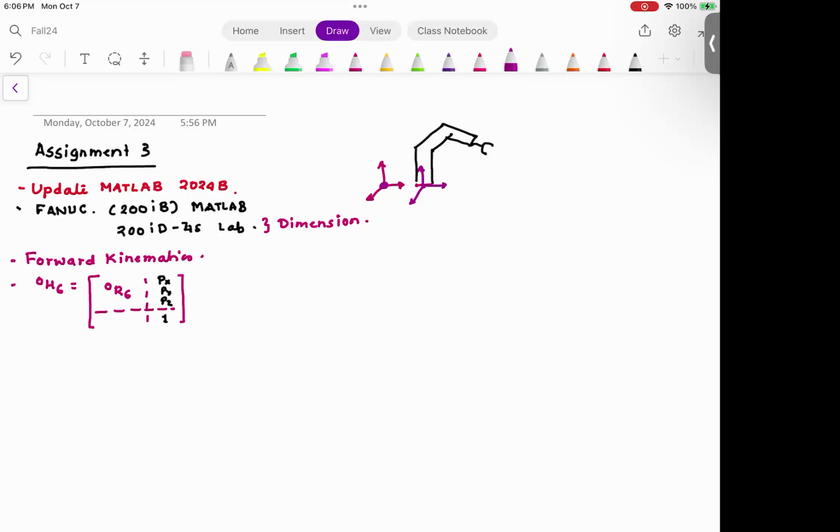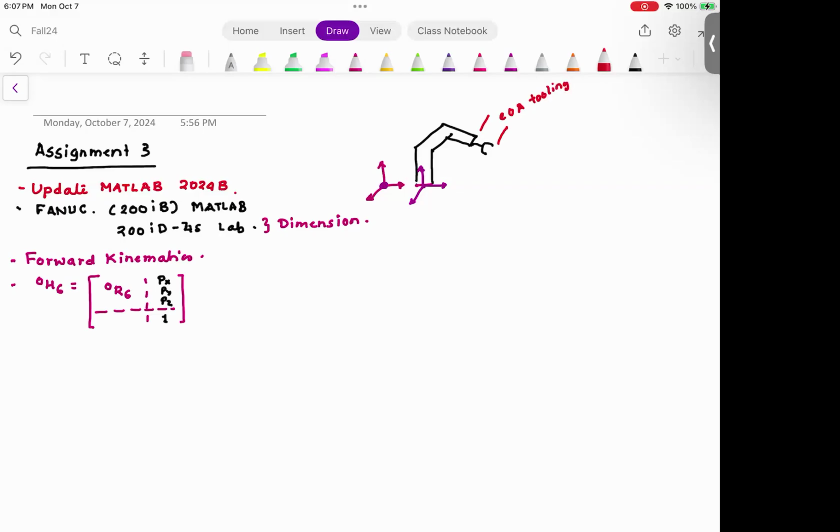Now, there is another thing. If you look at the teach pendant setup, you have something called end of arm tooling, EOA tooling.